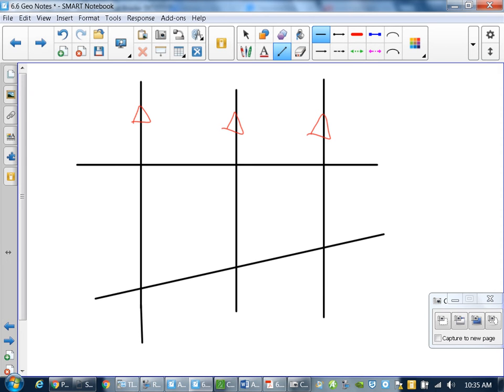When you have 3 parallel lines and 2 transversals, how many segments are created on the interior of the 3 parallel lines? See how I have 4 segments on the inside? What do you think that middle parallel line is going to create?